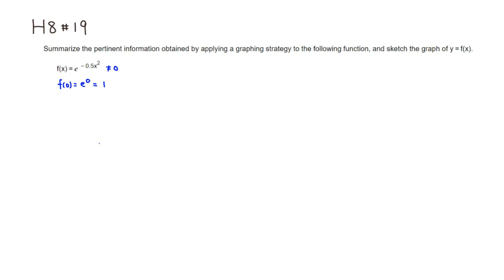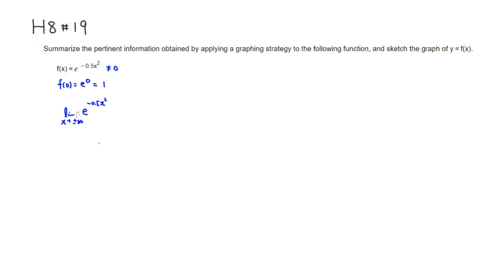But for the horizontal asymptote, you can see that if you take the limit as x approaches positive infinity, actually it doesn't really matter, this is an even function, so positive or negative infinity, then you have e to the negative 0.5 x squared.